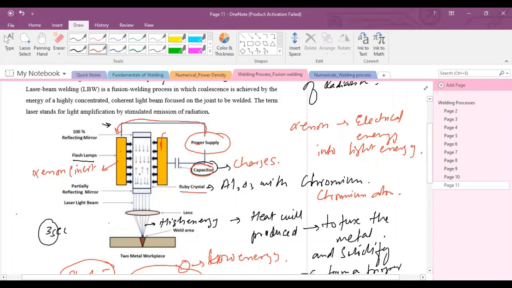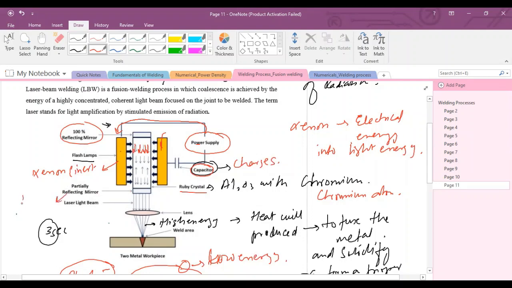This ruby crystal tube has two mirrors. One is 100% reflecting, the other is a partially reflecting mirror. The 100% reflecting mirror is responsible for reflecting all the photons and directing them towards the partially reflecting mirror.